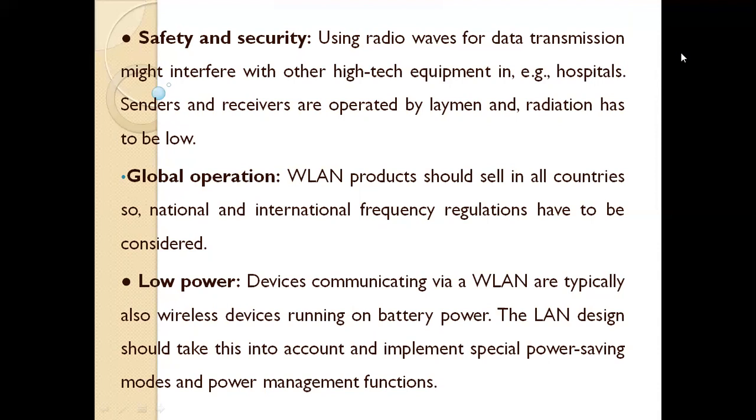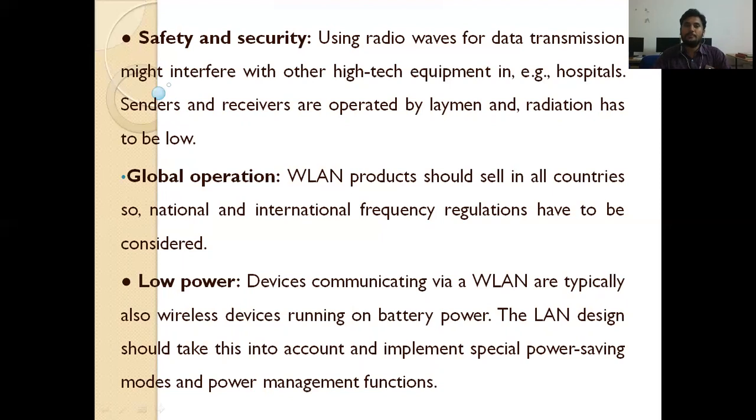And the next one is global operation. Wireless LAN products should be sold in all countries, so national and international frequency regulations have to be considered. So that is one of the global operation issues.